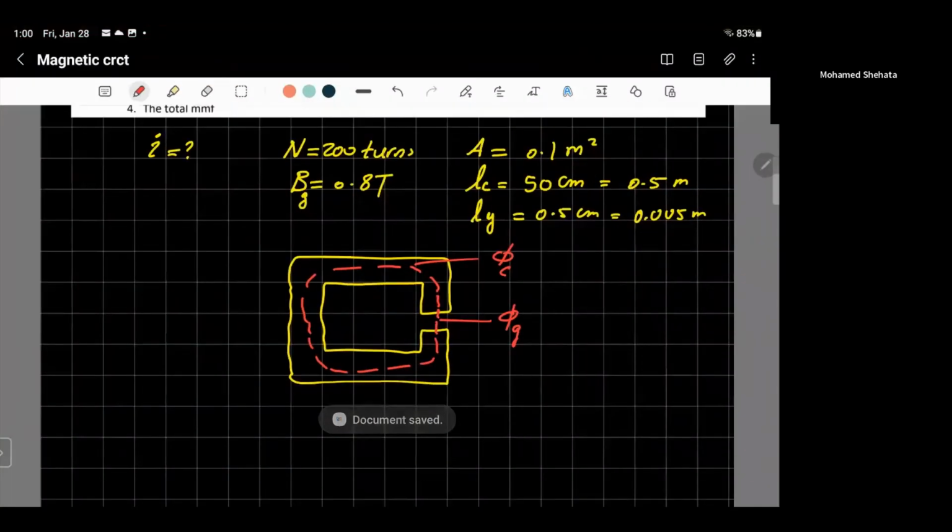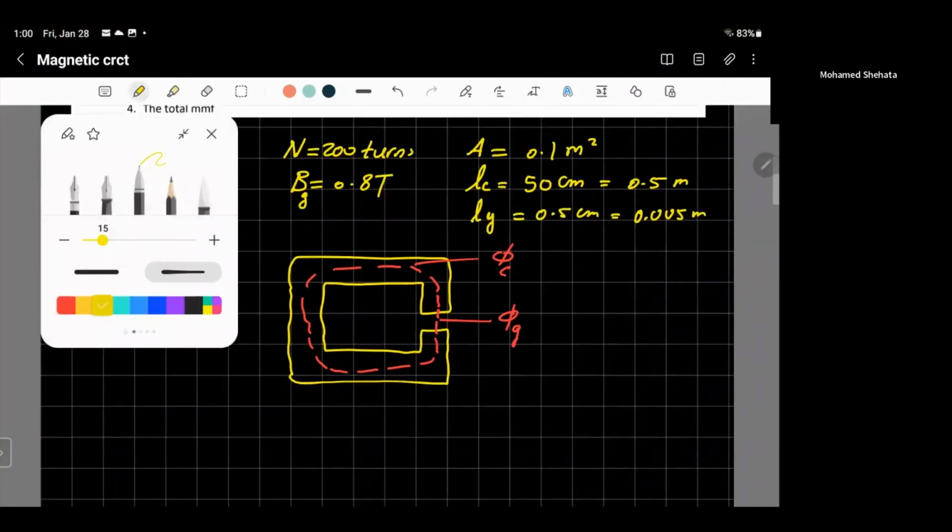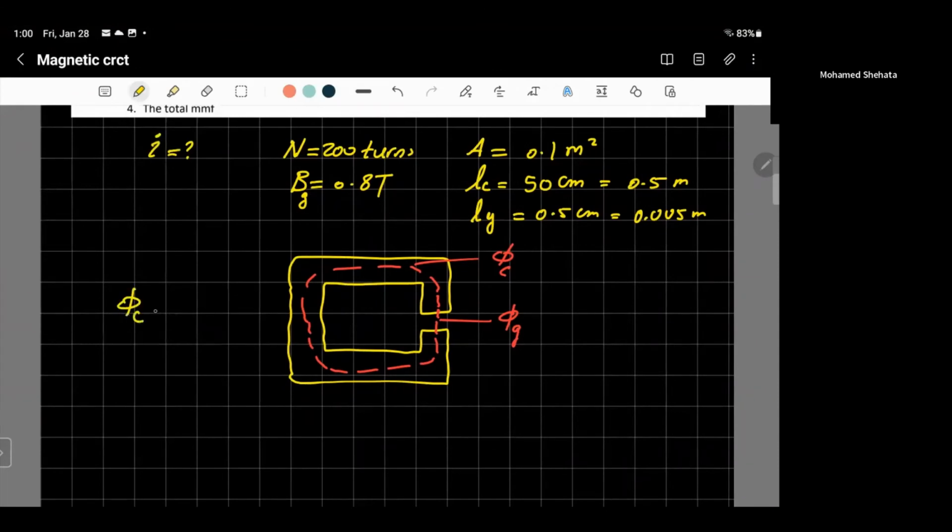So from that assumption, the small air gap, phi C is equal to phi G. If we get phi G, the flux in the air gap, we get the flux in the core, right? So now we have hope. First, I want to find the flux in the air gap.